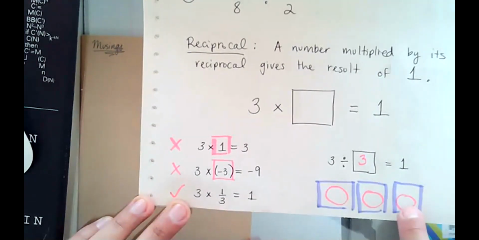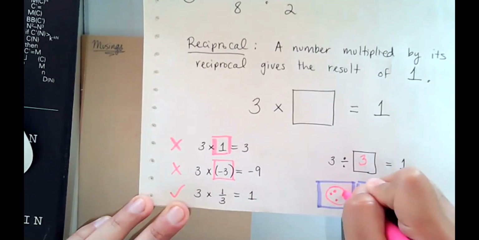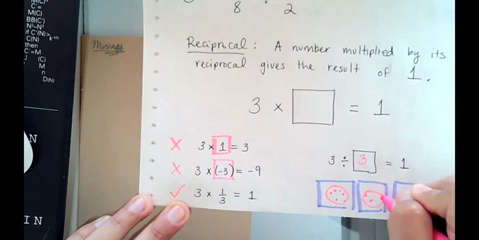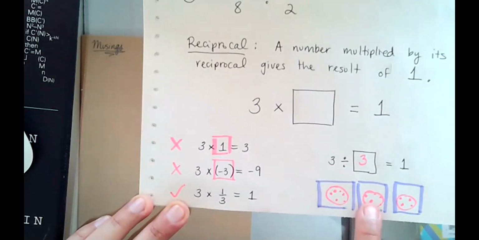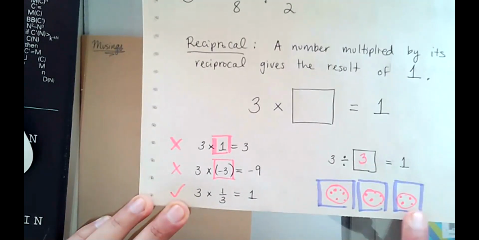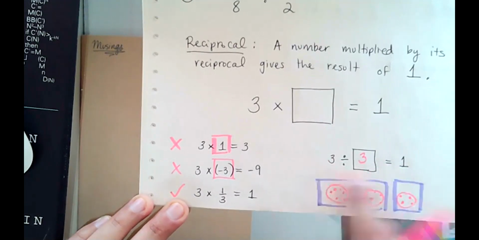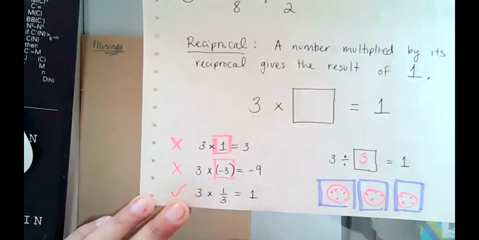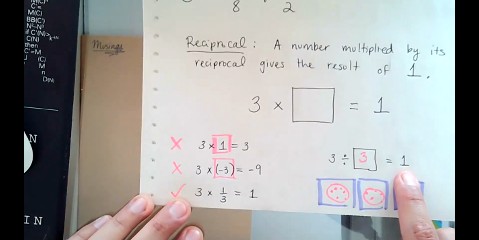This friend gets 1 cookie. The pink circles are the cookies. I'll put little dots so they're chocolate chips. I've divided 3 cookies among 3 friends, and each of those friends gets 1 cookie. So when we think about division, it's a little bit easier to think of a number divided by itself gives us 1.